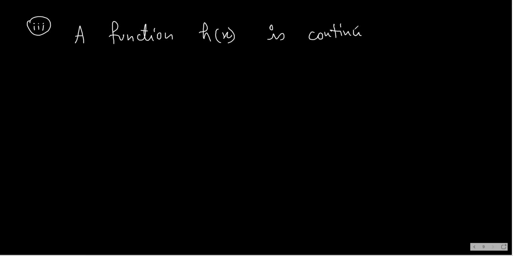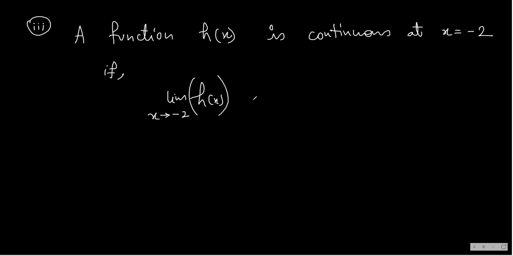Now see the third one: a function h of x is continuous at x equals minus 2 if, on the left you have the limit value, limit h of x when x tends to negative 2 equals h of negative 2.